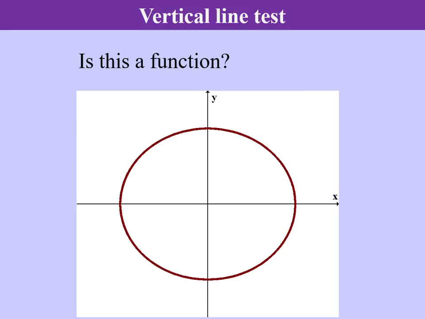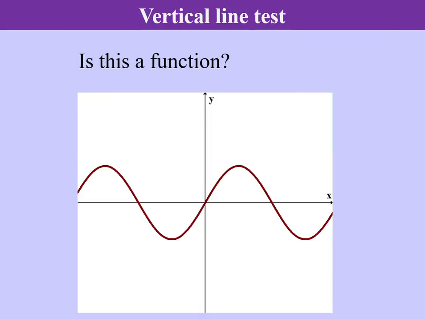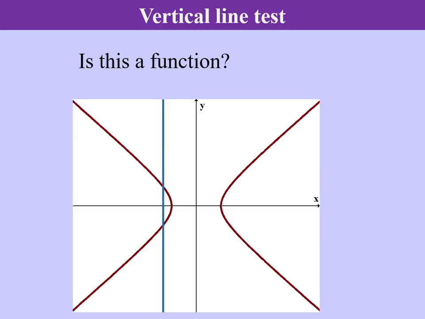Look at this graph. Here's a vertical line. We don't need to go any further. The vertical line touches the graph in two spots. That is not a function. Here's a graph. Here's the vertical line. I'll run the vertical line down through there, and you can see wherever it is, it touches in one spot. That's a function.